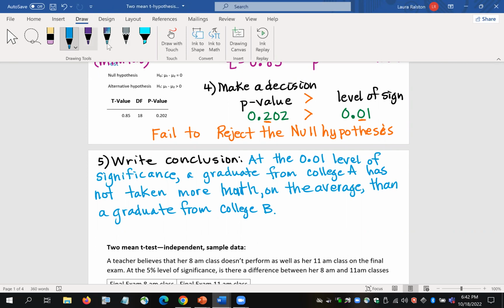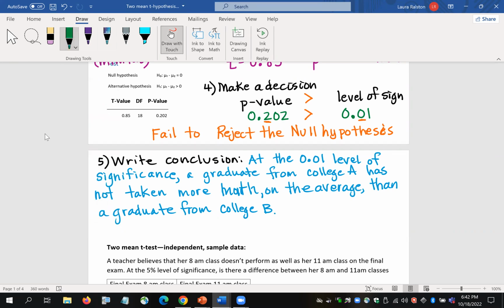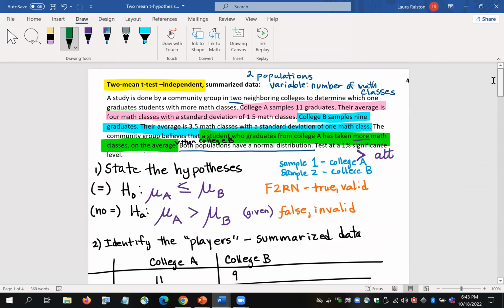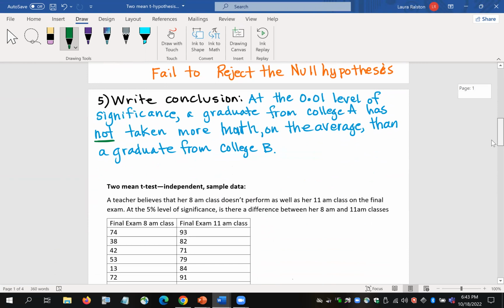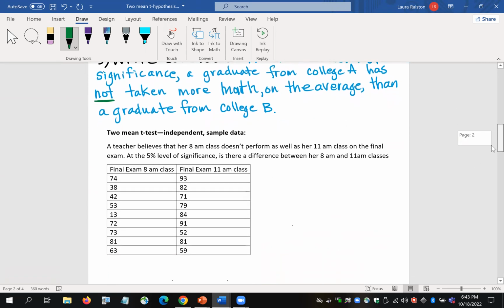So in this case, I had to add the word not, because the original statement said that they had taken more, but what we proved was they had not. So I had to add the word not so that my conclusion is always stated in terms of the true valid hypothesis.